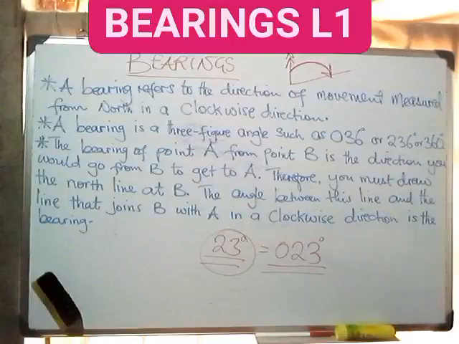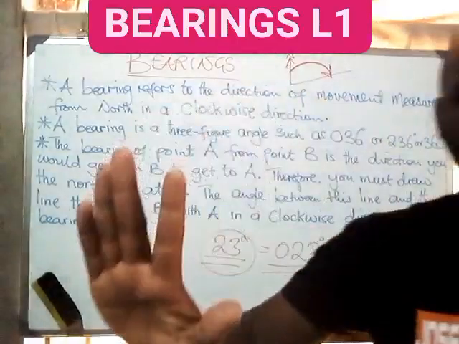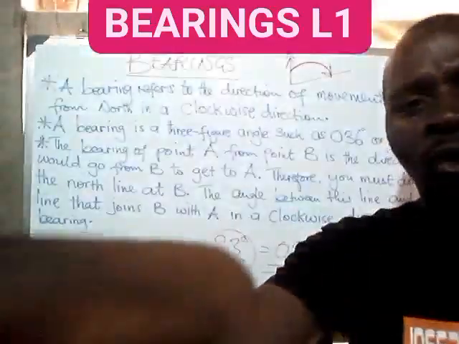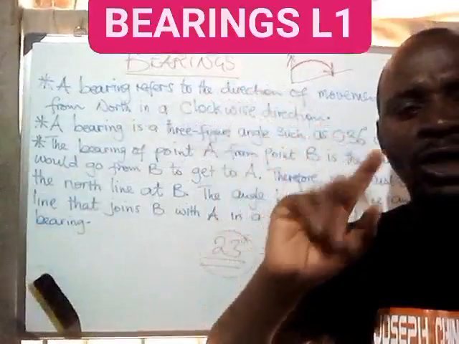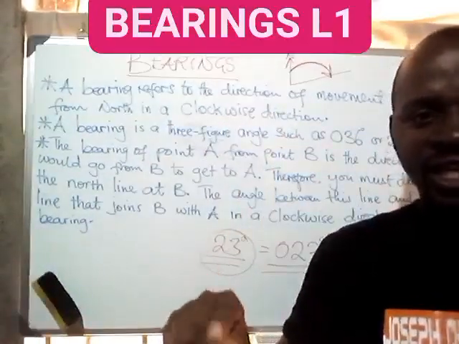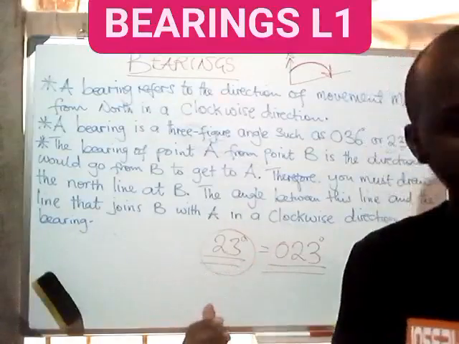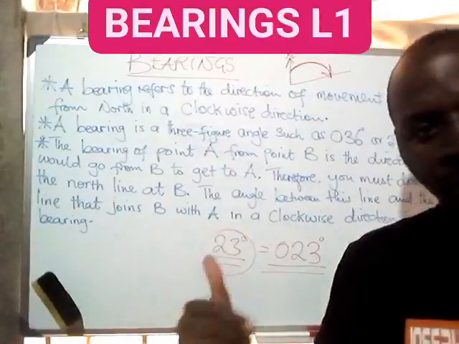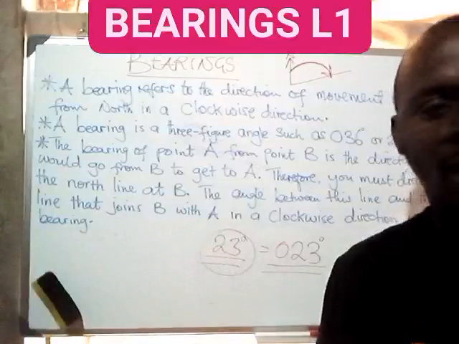What do I mean? If your angle under bearing is less than 100, it means that you write 0 before that angle.